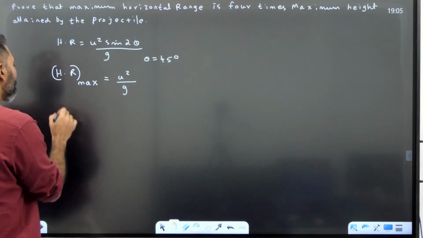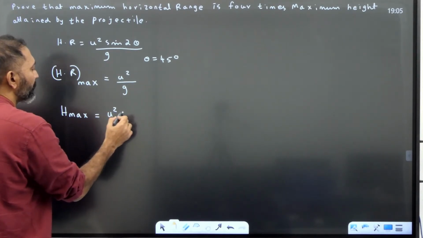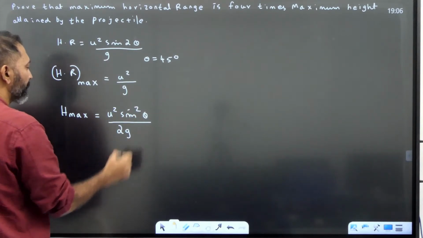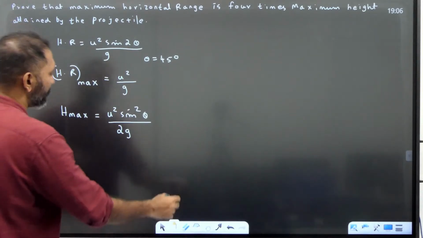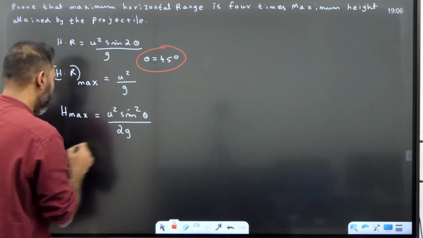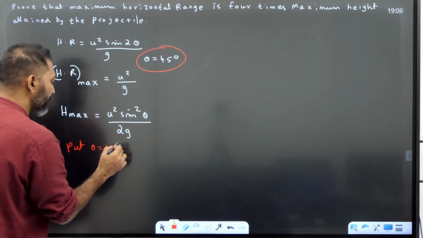So what is maximum height? U square sine square theta by 2G. Now it is given maximum horizontal range, so here it is very important to note that theta is 45 degree. Put theta equal to 45 degree in this equation.